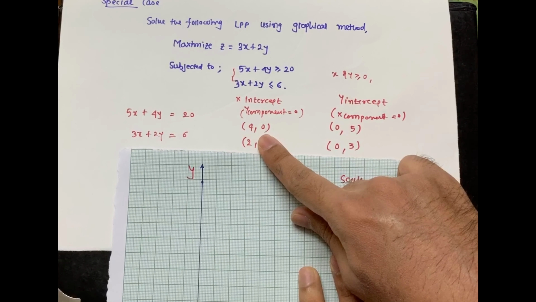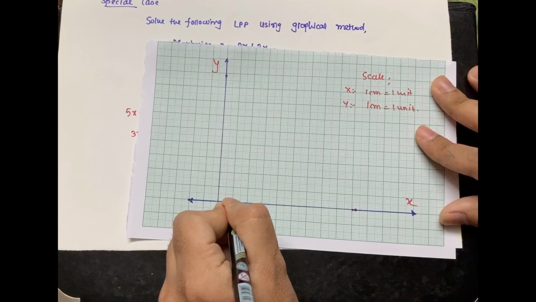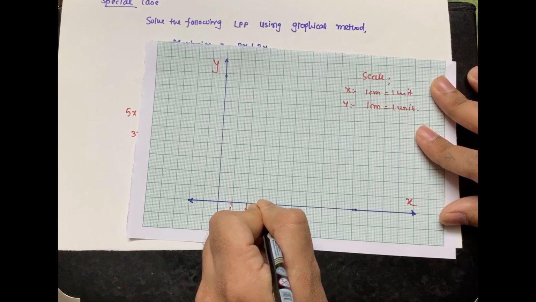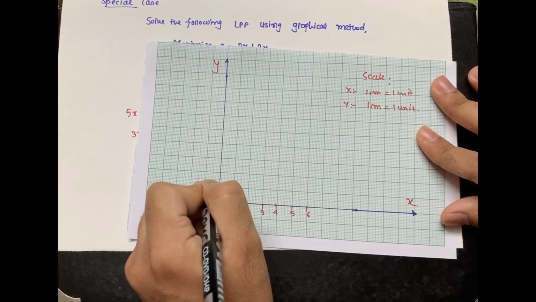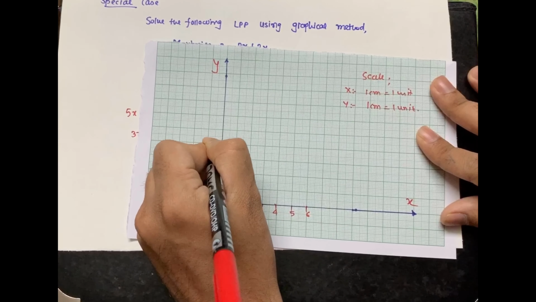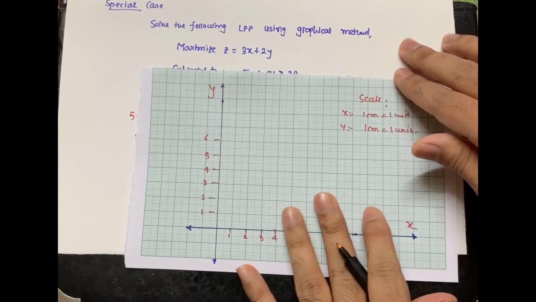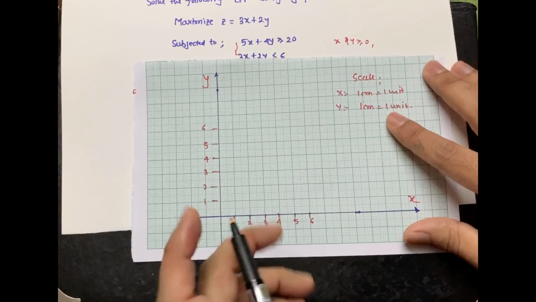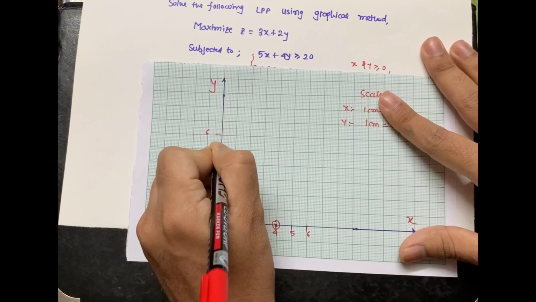For the first line, coordinates are (4, 0) and (0, 5). (4, 0) is this one, and this is (0, 5).